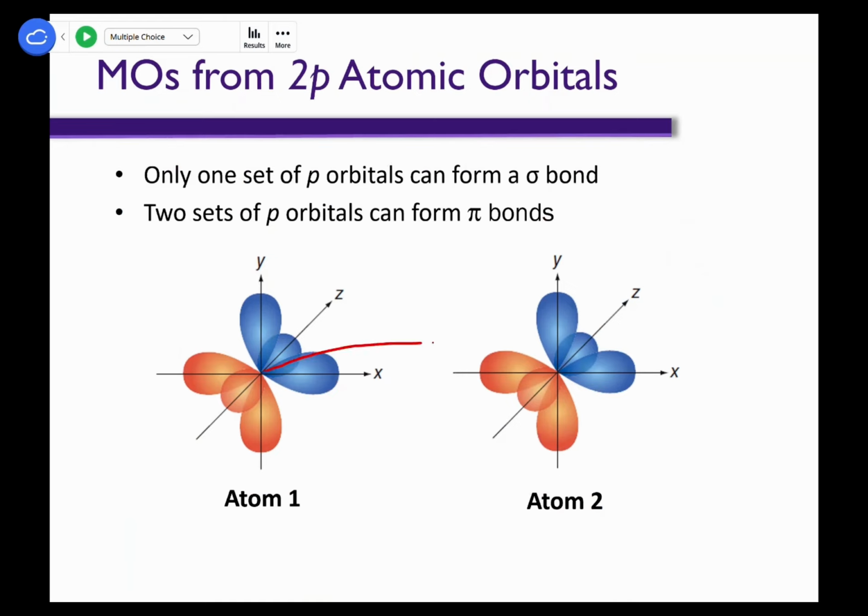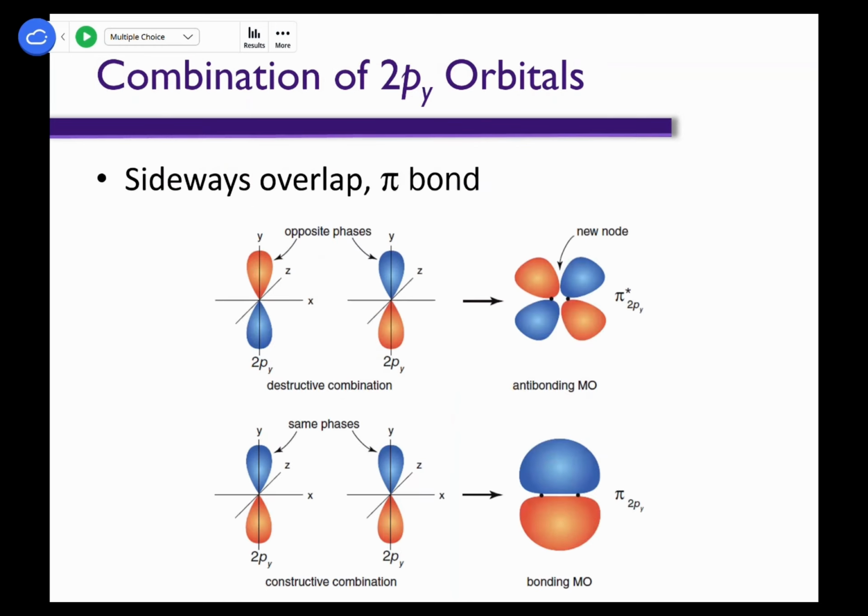Okay, so we've talked about the combination of the px orbitals from each atom. Those are the only ones that can combine on axes to form a sigma bond. But we still have the py and the pz orbitals, and we need to think about what's happening with those. So now we're going to move to the py, and on your paper that's showing straight up and down.